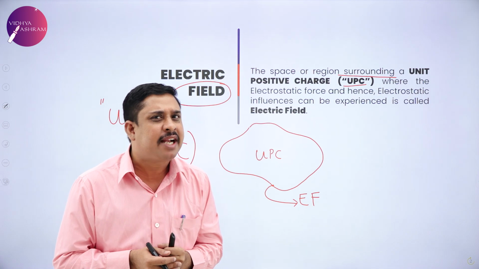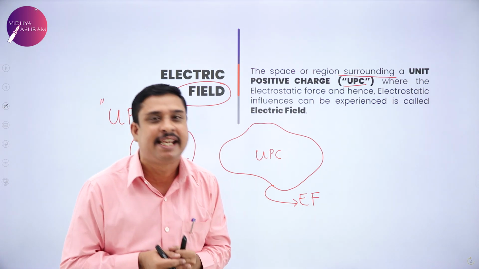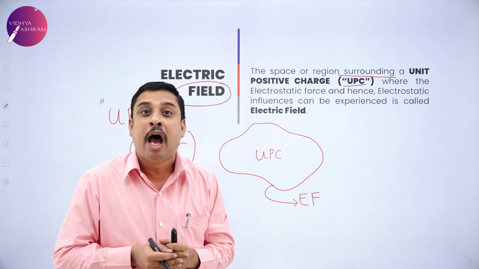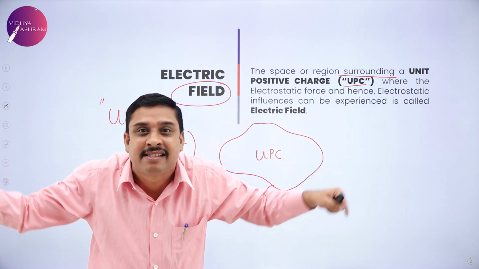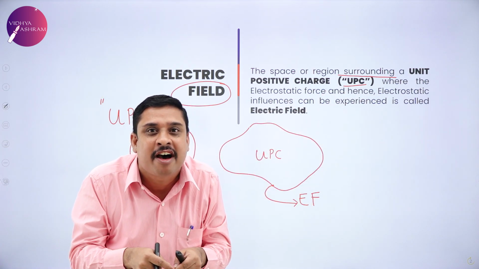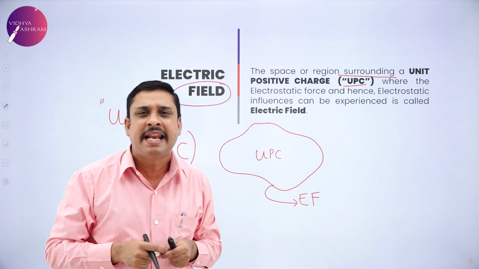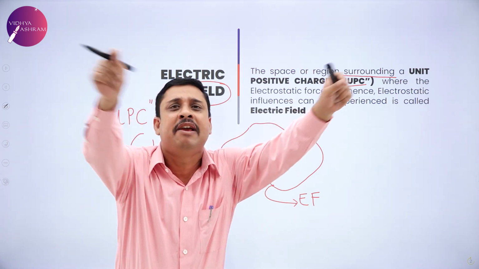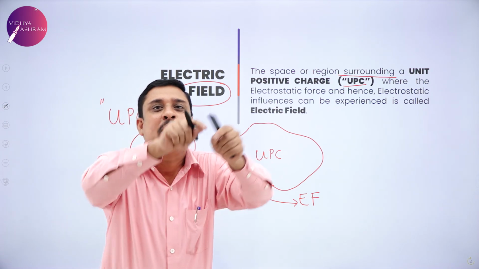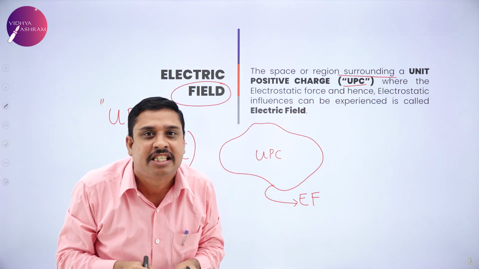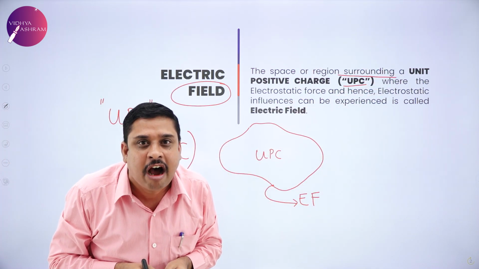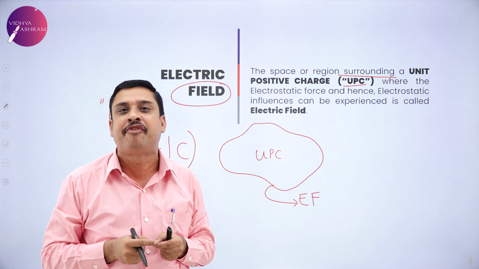But my practical question here is, how much of the space surrounding the charge can I call an electric field? Can I treat any space, any magnitude of region surrounding the charge as an electric field?